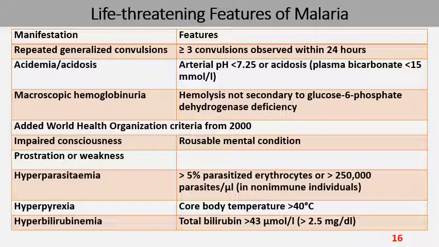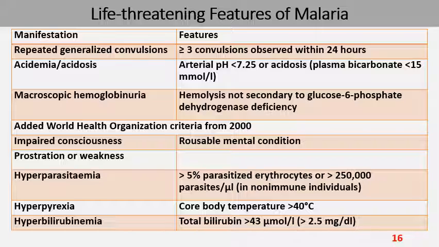Macroscopic hemoglobinuria is another feature of severe malaria. This is defined as hemolysis that is not secondary to G6PD deficiency, that is glucose 6 phosphate dehydrogenase deficiency.